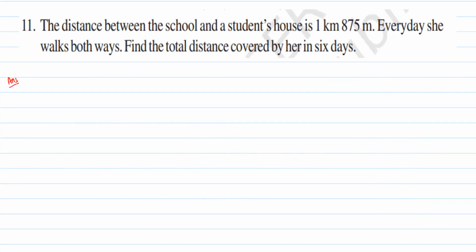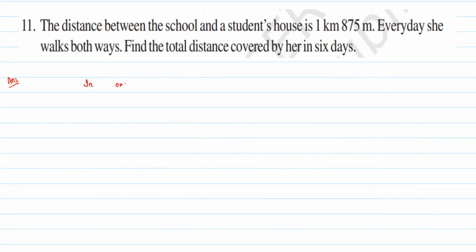Next question 11. The distance between the school and a student's house is 1 kilometer 875 meters. Every day she walks both ways. Find the total distance covered by her in 6 days.